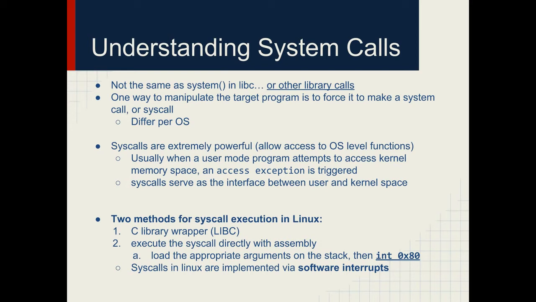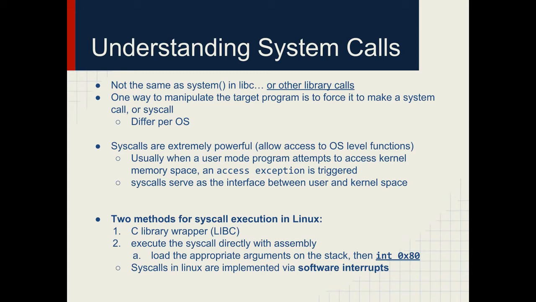They often also completely differ per operating system. System calls are extremely powerful and allow access to operating system level functions. And in order to trigger them, usually the processor has to switch from user mode to kernel mode, and that requires a full context switch and some performance overhead as well.